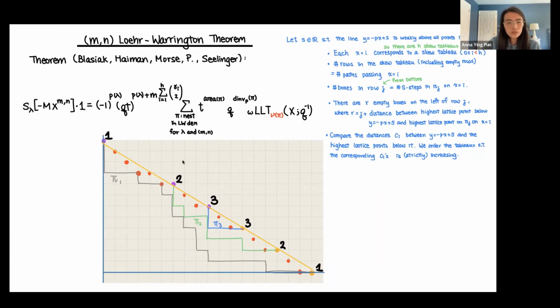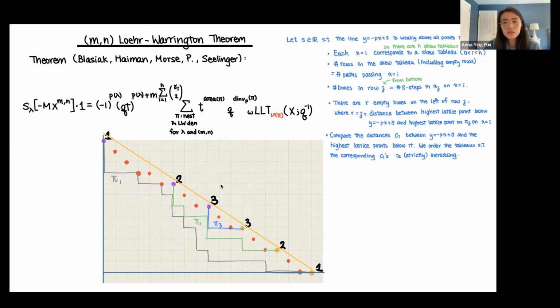So I have to shift it a little bit to make sure that every single point here is below my yellow line. And my S is just the y-intercept here, so the S is not that important. The important thing is that you shift it in the right parallel line.